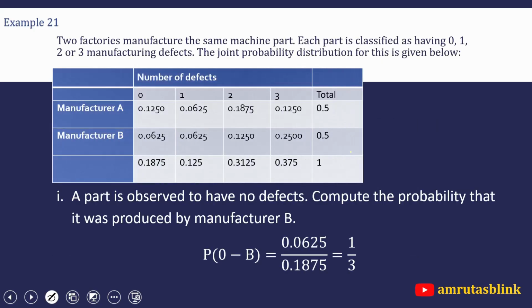So let's say I have taken down the table here. So the first question is, a part is observed to have no defects. No defects means 0 defects. Compute the probability that it was produced by manufacturer B. Now for 0 defects, how much is the probability of manufacturer B, this part, that is 0.0625.